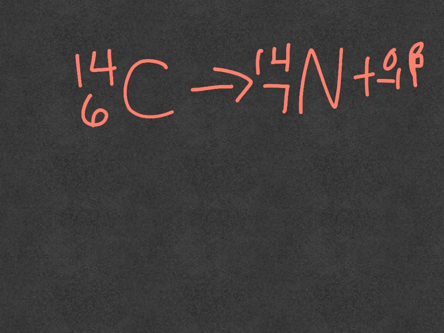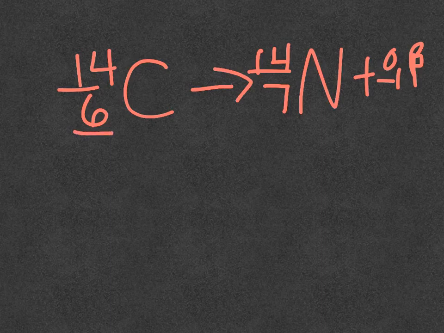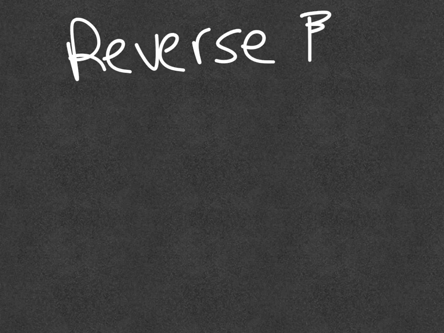In regular beta decay, notice your mass does not change. So 14 plus 0 is still 14. However, your atomic number goes up by 1 since the neutron changed to a proton. 7 minus 1 equals 6. Both sides balance out. So this is regular beta decay. Let's now talk reverse beta decay.